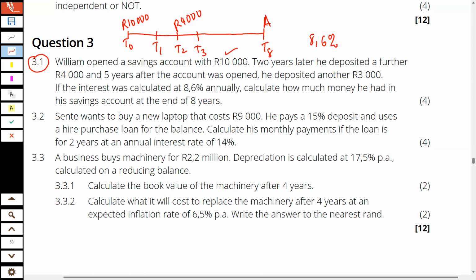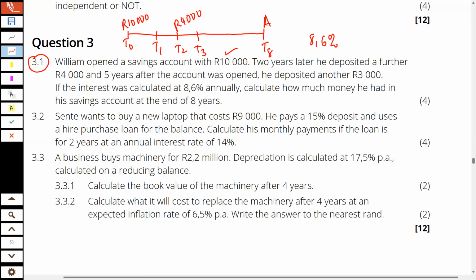We need to understand exactly how this timeline works, and have a fair understanding of what is happening. There are a couple of ways in which we can analyze this question, but our interest is in understanding precisely how much money he had in his savings account at the end of 8 years.